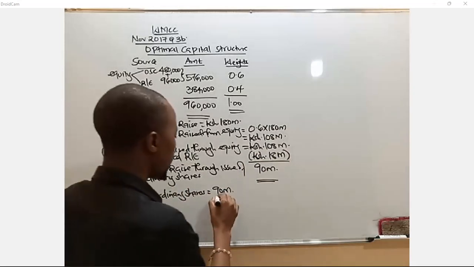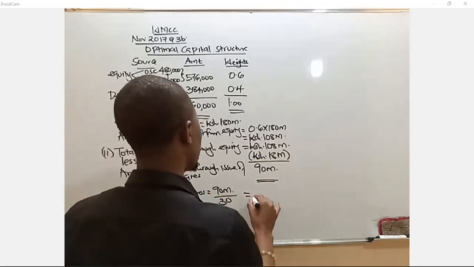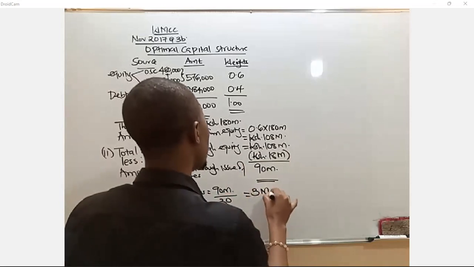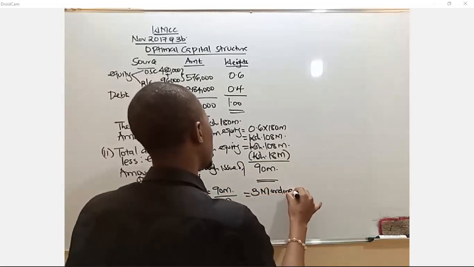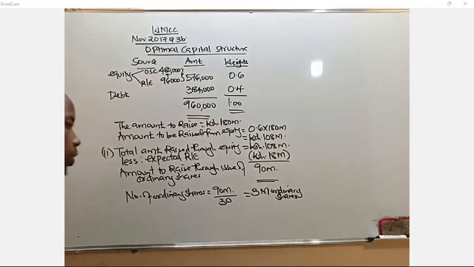So we divide by the market price per share of 30, and we get 3 million ordinary shares. That is requirement number 2, and that is what the examiner wanted you to calculate. But when you go to number 3, I think today you'll be able to understand.